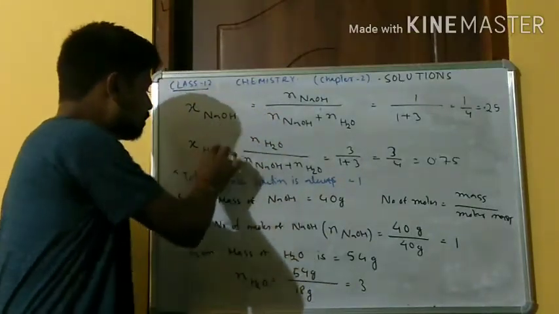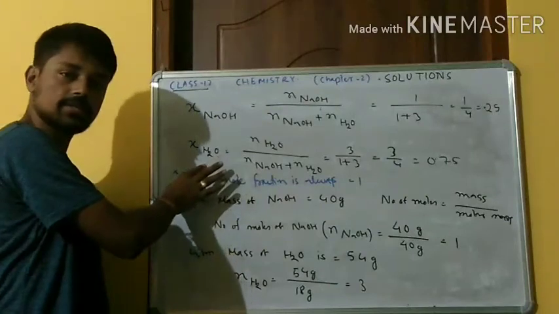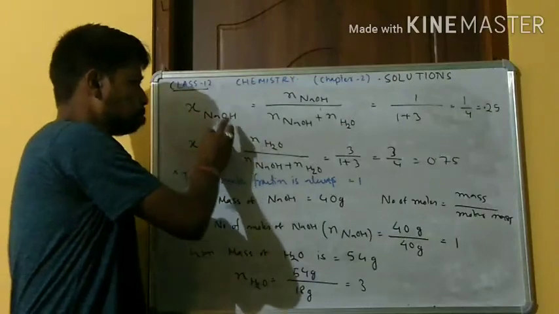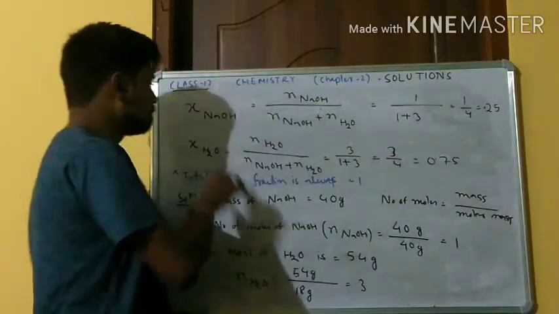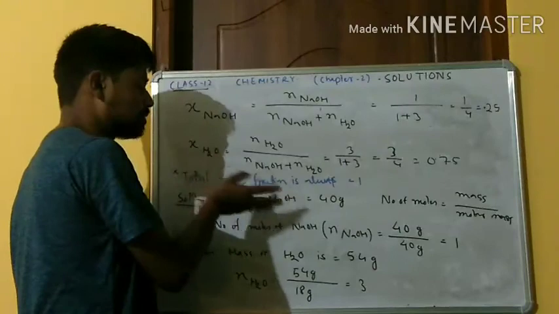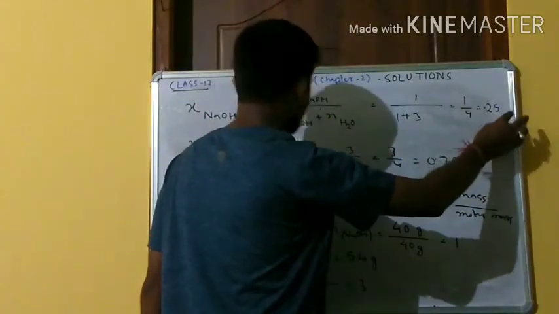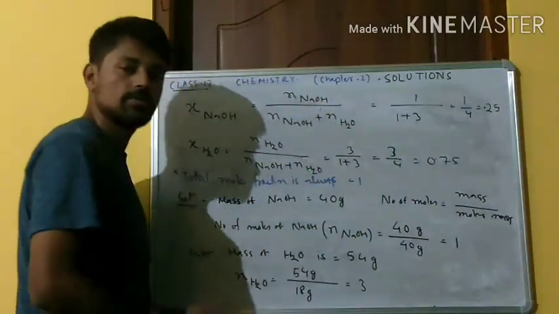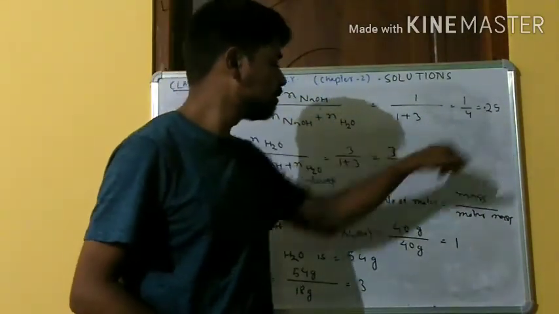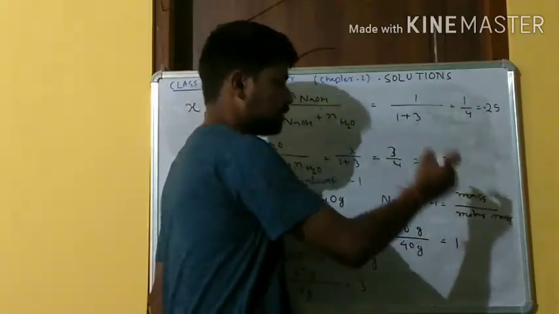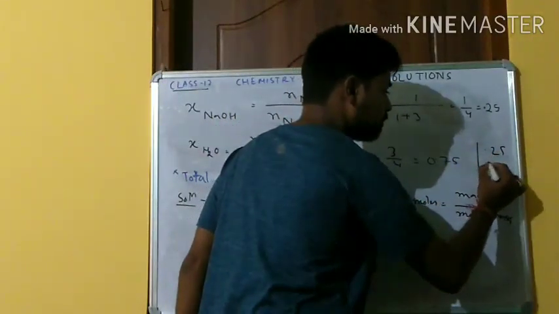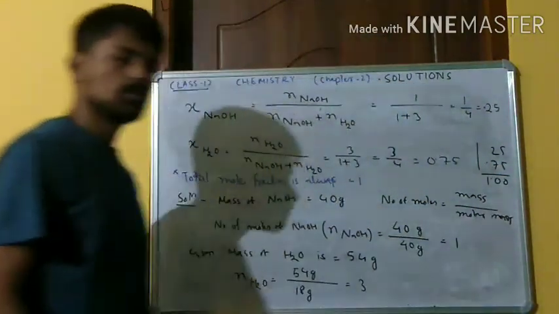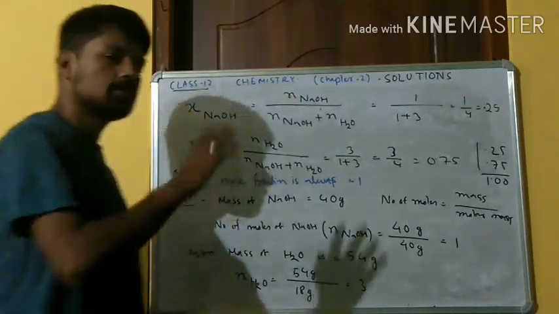In this solution there are two components, NaOH and water. The mole fraction of NaOH is 0.25 and the mole fraction of water is 0.75, and the sum of these two equals 1, is it not? 0.25 plus 0.75.